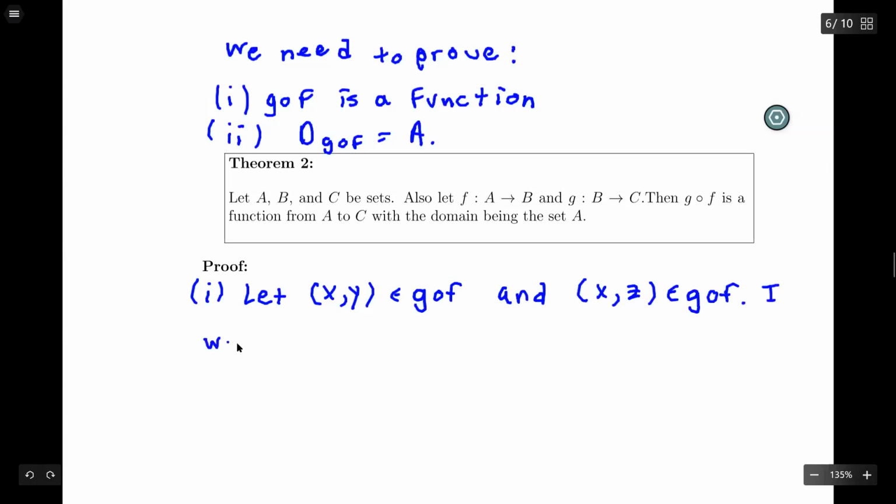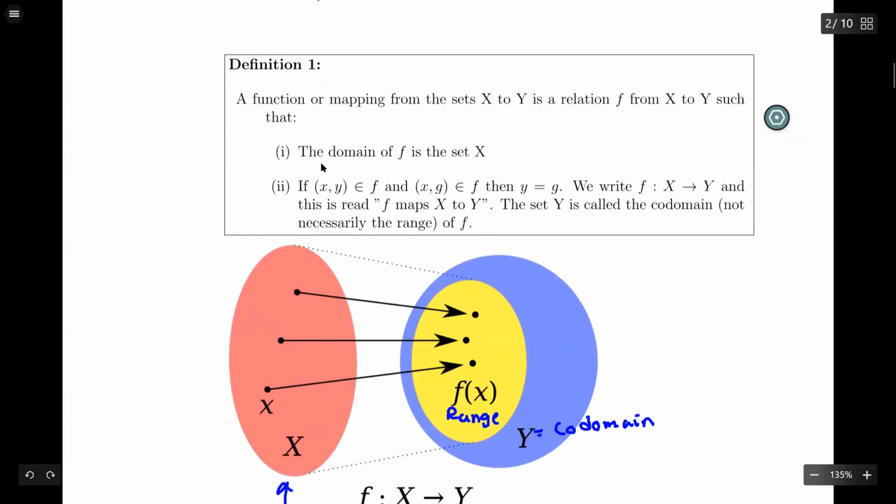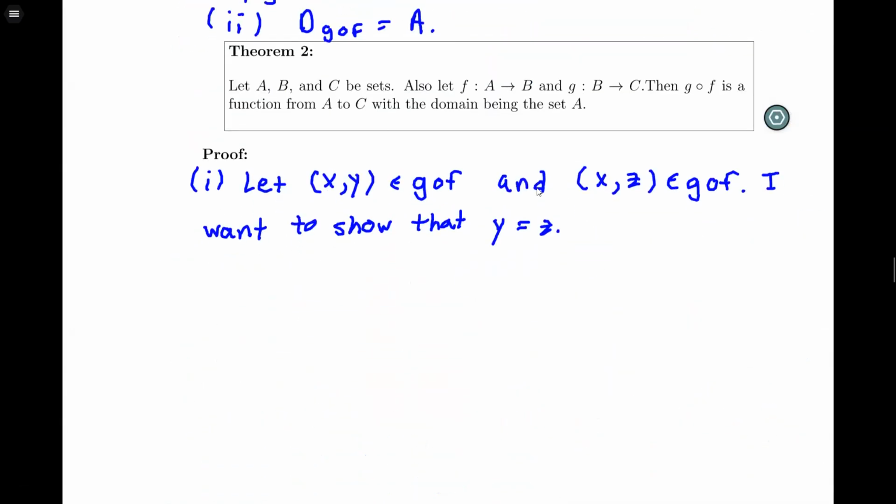I want to show that y is equal to z. Well, if we look back at definition 1, one of the conditions of a function is that if you have (x, y) in f and (x, z) in f, then y must be equal to z. So what we want to show here is that y is equal to z.